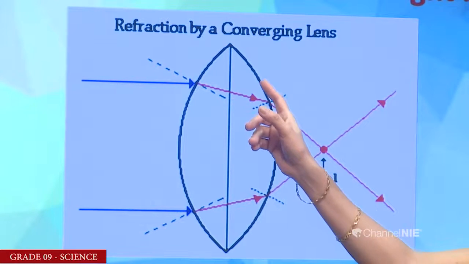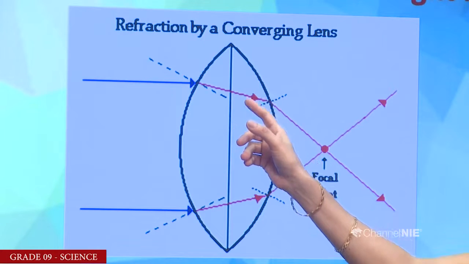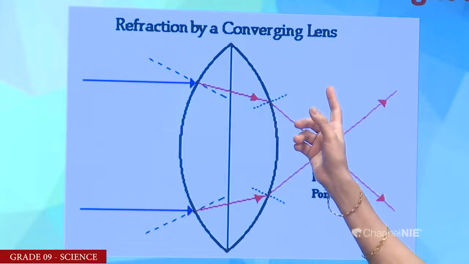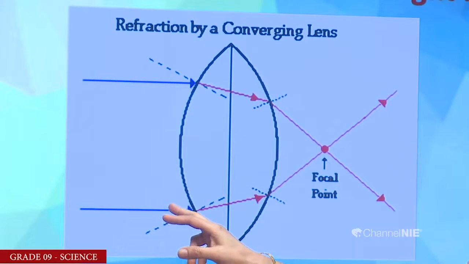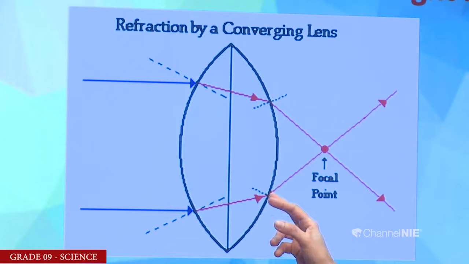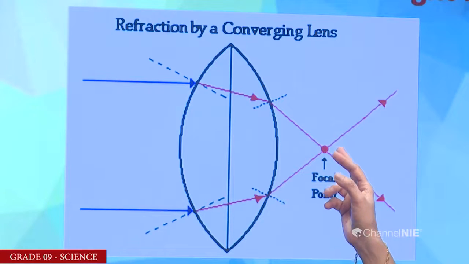That is because this light ray is emerging from glass, the denser medium, to air, the rarer medium. Same way, this light ray is refracted through the biconvex lens and collecting to this point.